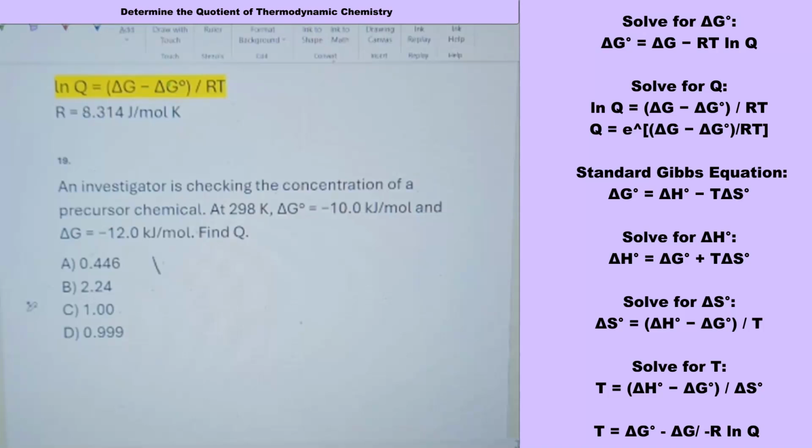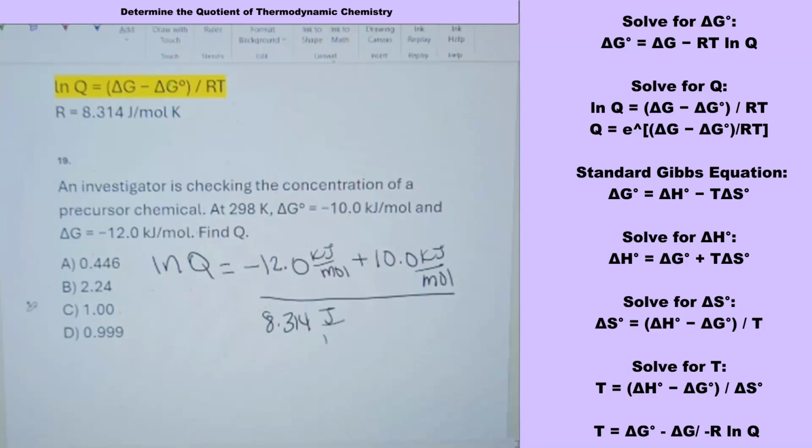So now I know that the natural log of Q is going to equal your negative 12.0 kilojoules per mole minus negative 10. So that becomes a positive 10.0 kilojoules per mole, divided by 8.314 joules per mole Kelvin times 298 Kelvin.